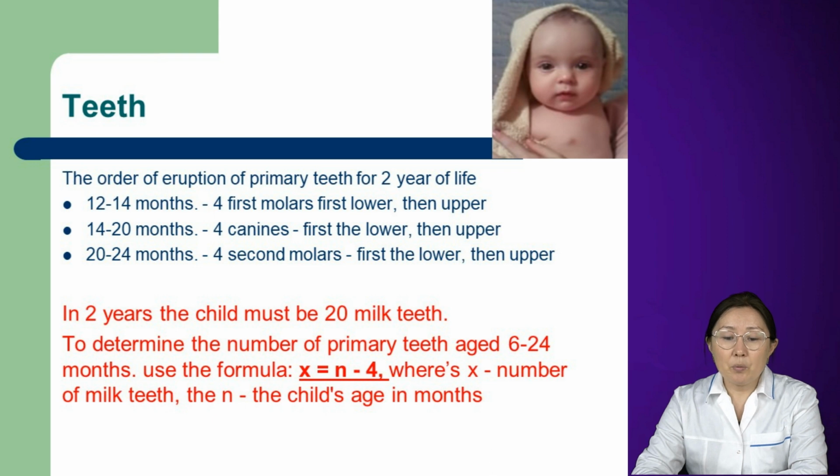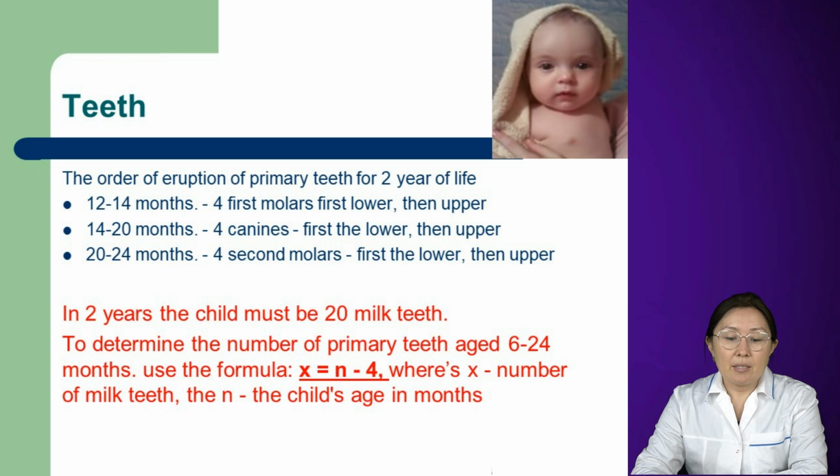The order of eruption of primary teeth in the second year of life. From 12 to 18 months, 4 molars, first lower, then upper. From 18 to 20 months, 2 canines, first the lower, then upper. From 20 to 24 months, 4 second molars, first the lower, then upper.